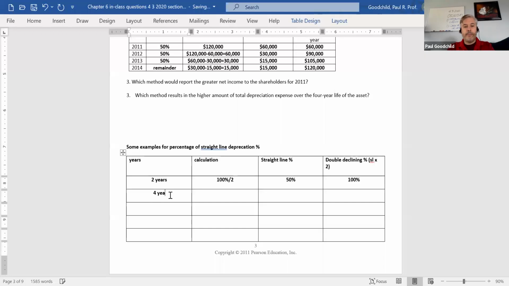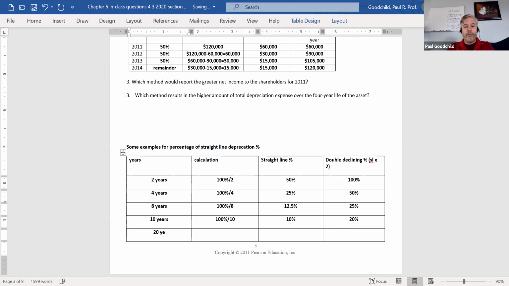So it's 4 years, 100% divided by 4, 25%, so 50%. 8 years, 100% divided by 8, so like 12.5, so this would be 25%. 10 years, 100% divided by 10, so it's 10%, so this would be 20%.